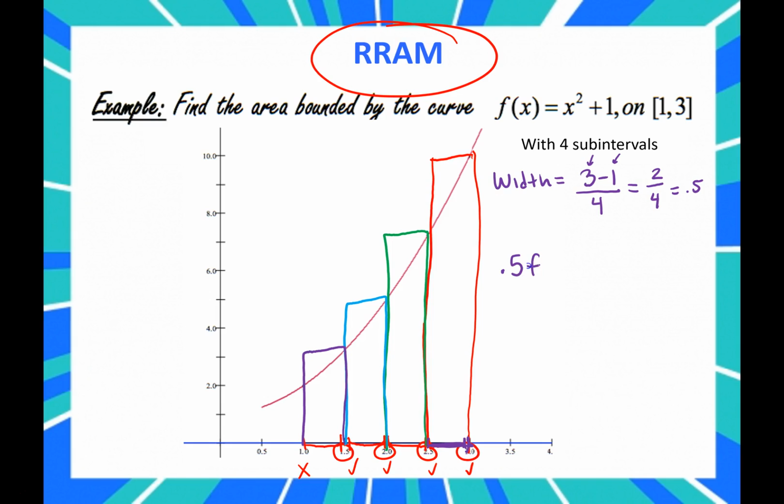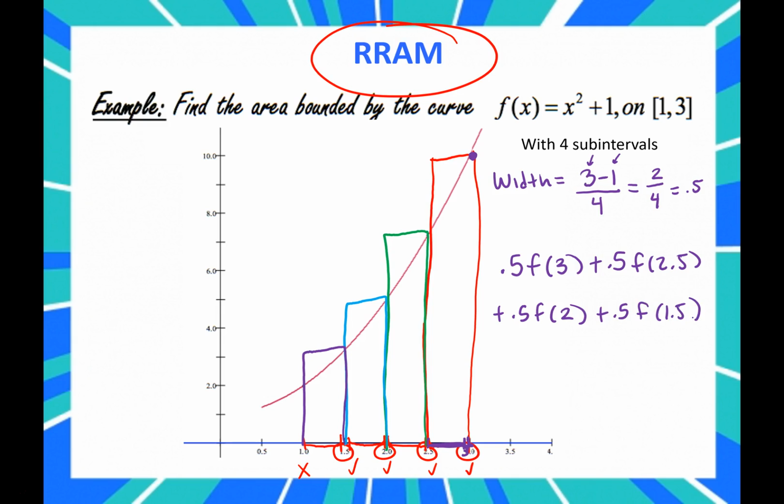All right, so now we know it's going to be 0.5, and this time it's actually going to be f of, our height is actually this value, which is f of 3, plus 0.5 times f of 2.5, plus 0.5 times f of 2, plus 0.5 times f of 1.5.